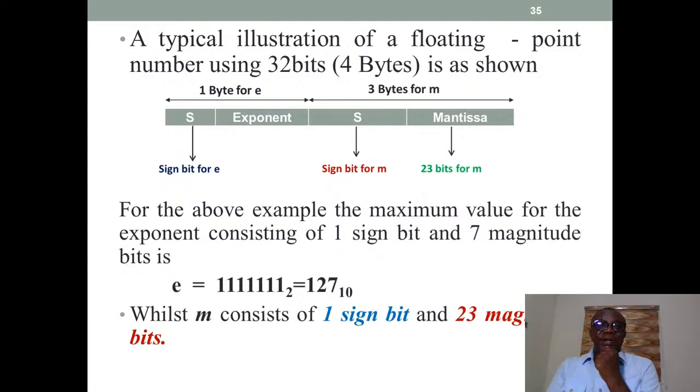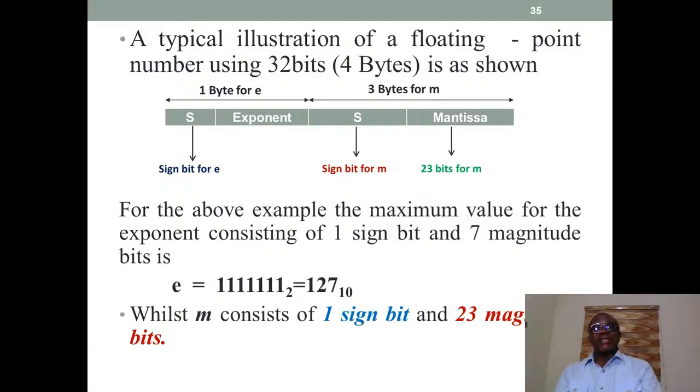Now, if you look at this very well, you see that the computer uses 1 byte, which is 8 bits, for the exponent. And the first bit there stands for the sign bit of the exponent. Is it raised to power -8 or raised to power 8?